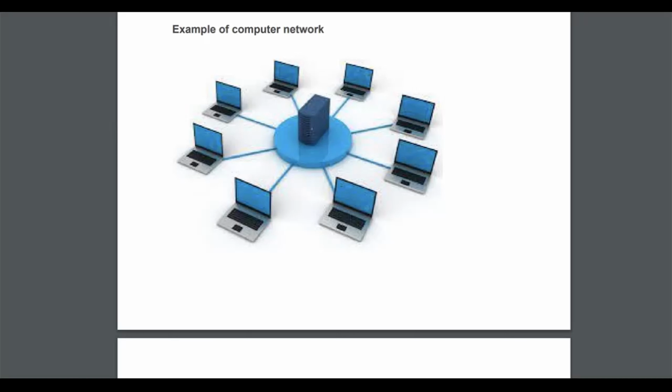That's the server. So that's an example of a computer network. We are trying to gain access to our information from the Facebook server back and forth. There are so many ways we can describe this, but that is just a very simple way to explain to you what a computer network is and how it works.